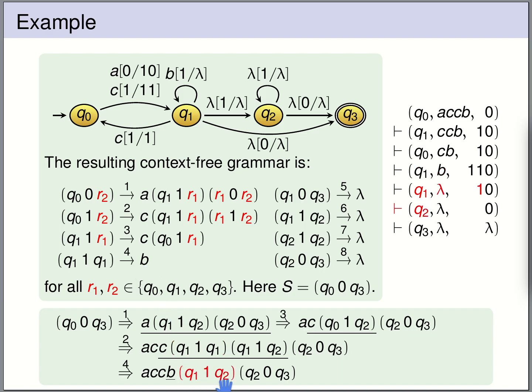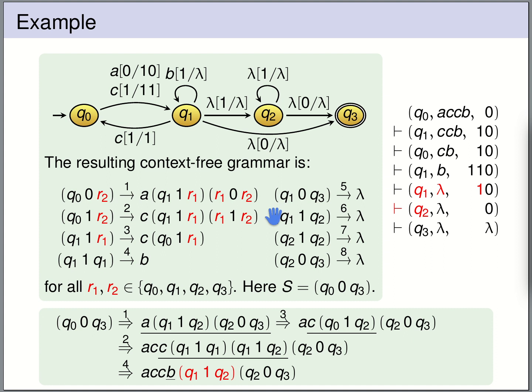Now we again have a variable. We go from Q1 to Q2 with stack content 1. That's here. From Q1 with stack content 1 we go to Q2. And again in this step we remove the 1 from the stack. So whenever we remove a symbol from the stack, that's easy. We just have to look, that's the rule.